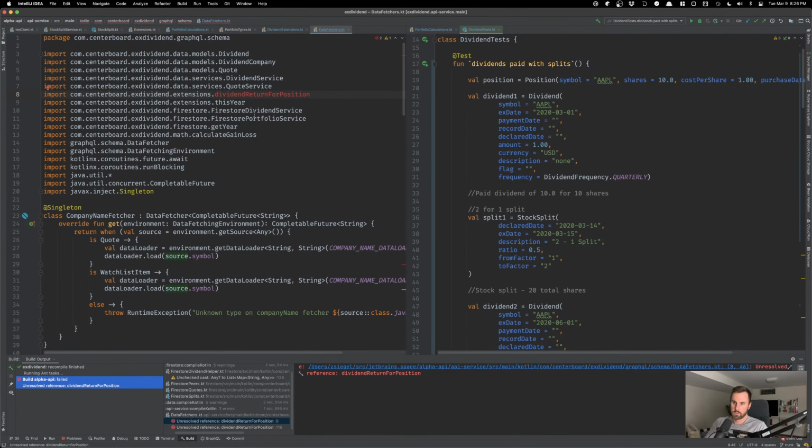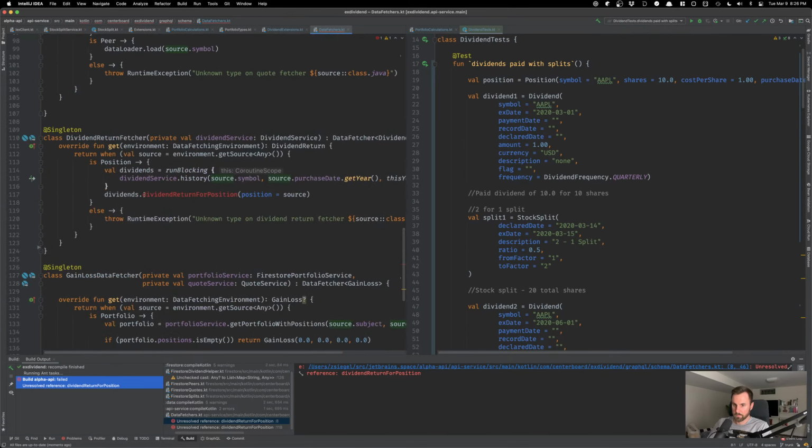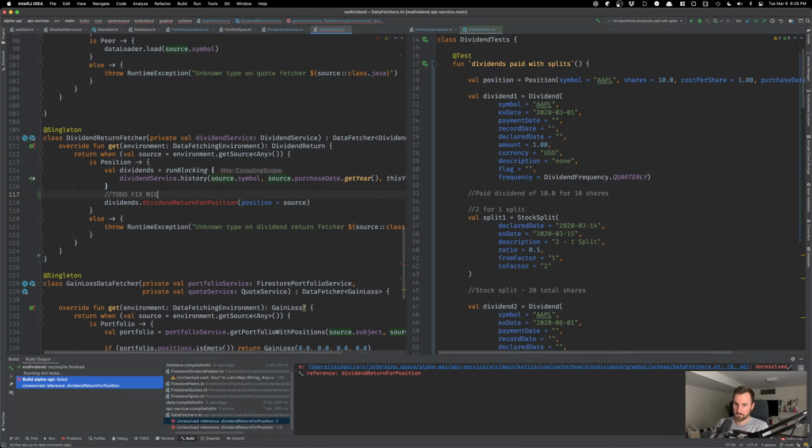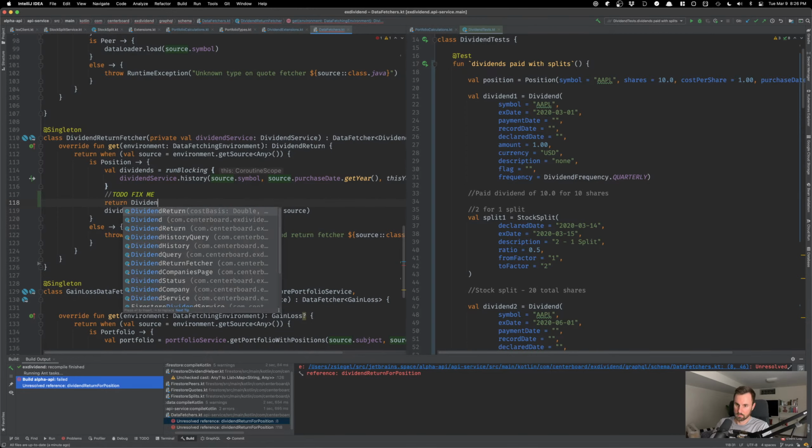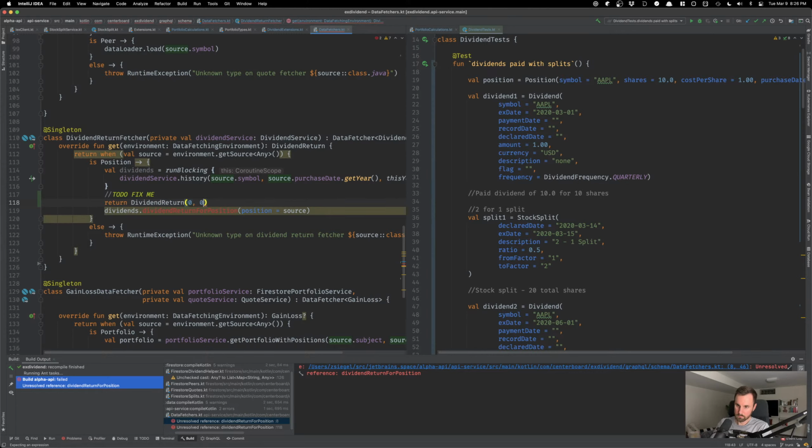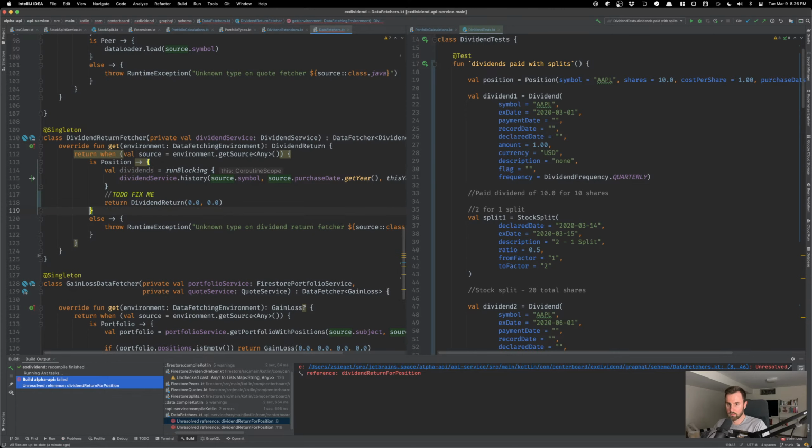Okay, there's a compile error. Yeah, because we're going to fix this. Right, that's what we're going to actually fix. We don't need these returns.